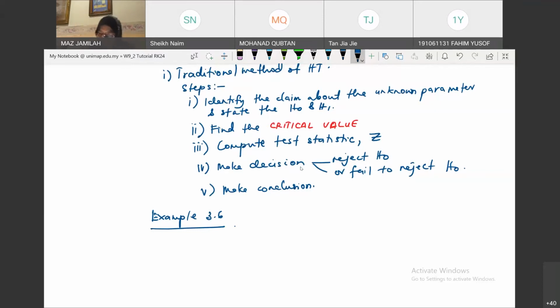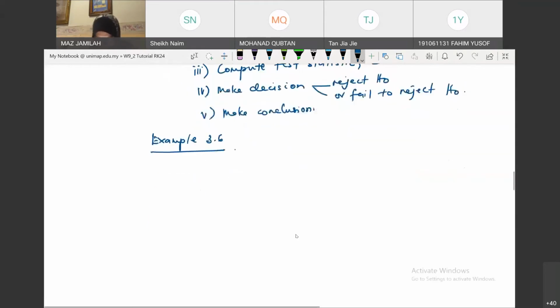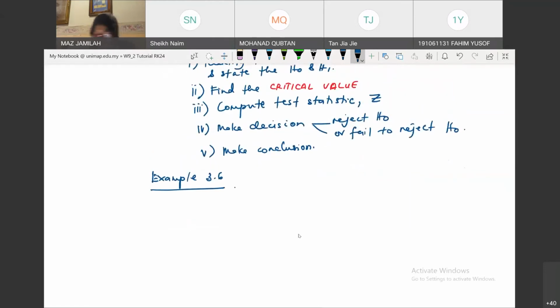Now, these are very critical in terms of taking out all the information given in your question. So before we can move to our steps, as usual, I will always like to put down everything given in your question. So the first one, the sample size is 50.